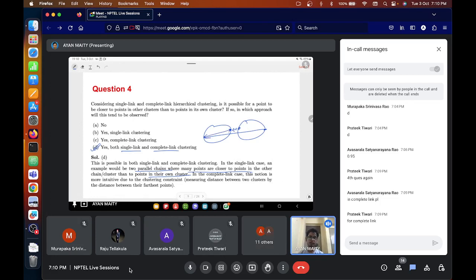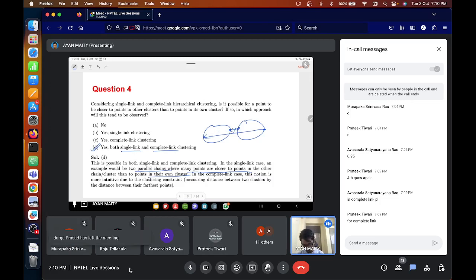Because we try to merge two clusters for which the complete link distance is lowest, but complete link distance basically means that the two points are farthest apart in the two clusters. So that's why these two points might be very close to each other, but they are situated in two different clusters.